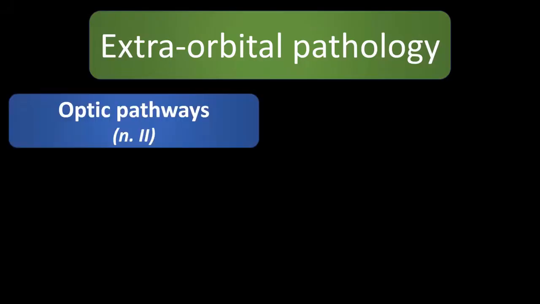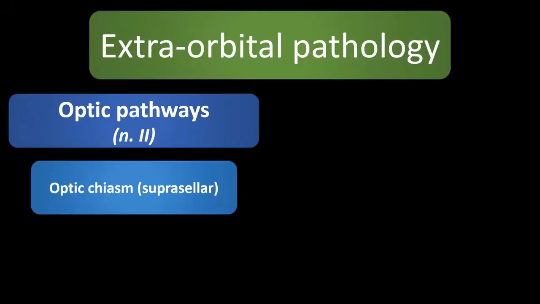Now, let's get started. So, to make things simple, when it comes to the extra-orbital pathology of the visual system, I make a distinction between the optic pathways involving the second cranial nerve, the optic nerve, and there are two regions that are very important. That is the optic chiasm, and the optic chiasm can be directly involved by certain pathological entities, but also indirectly.